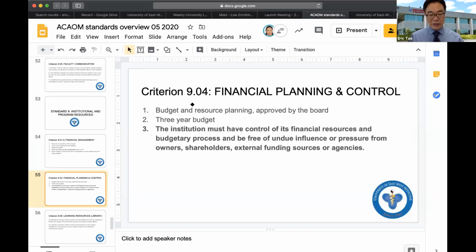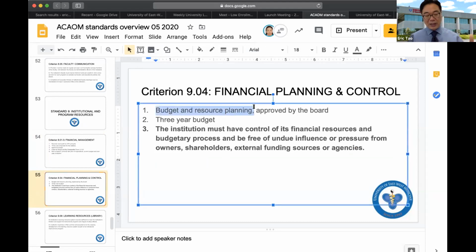We need to have the resource planning, meaning the building, the library, the IT, included in the budget and approved by the board, which we've been doing. We need to have a 3-year budget, which we need to do. And this one, have to be careful, okay?